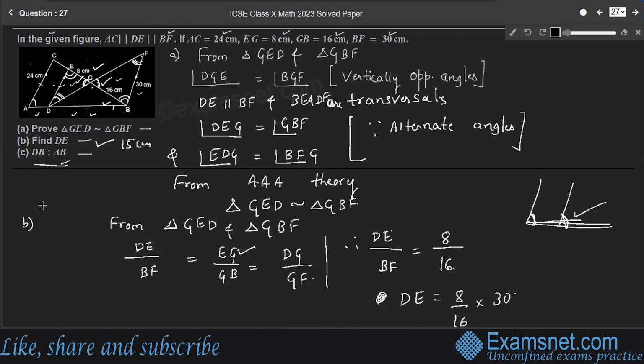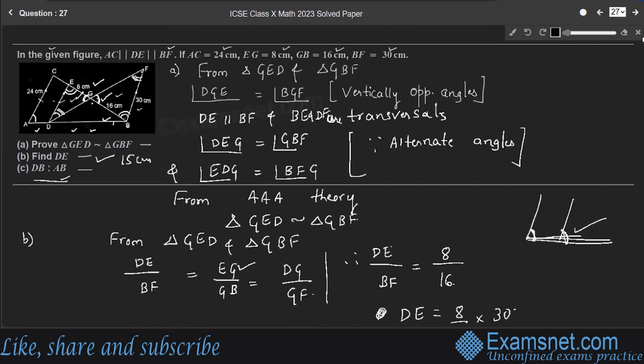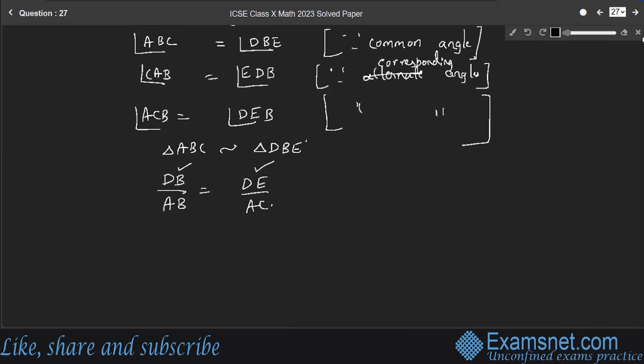DB by AB ratio. We'll take DB by AB is equal to DE, this side of triangle DEB, and the corresponding side of the other triangle is AC. DE by AC. So the ratio of their corresponding sides are equal.